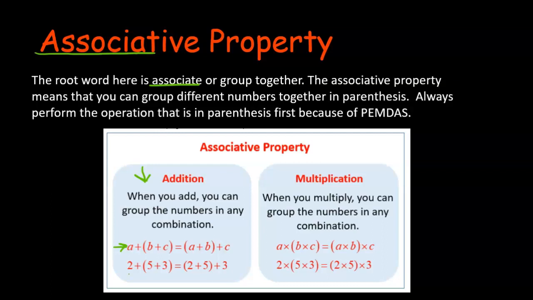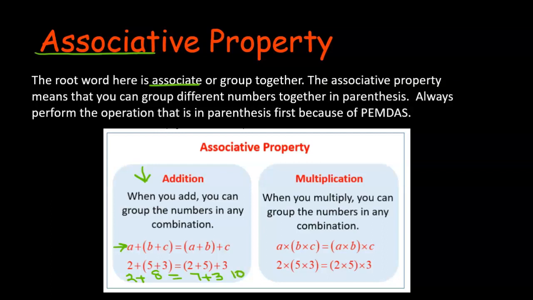So it's 2. You do this, 5 plus 3 equals 8, and then 8 plus 2, right? Or 2 plus 5 is 7 plus 3. It doesn't matter how you group them, that's still going to equal 10.